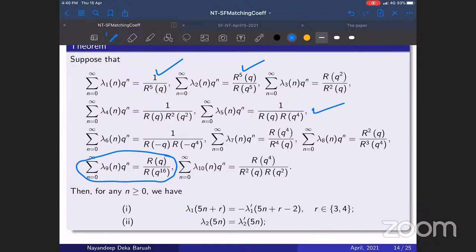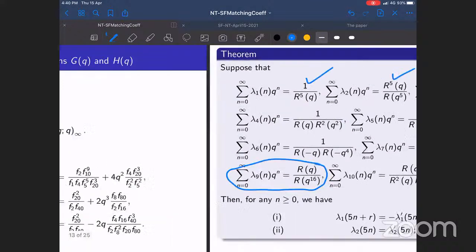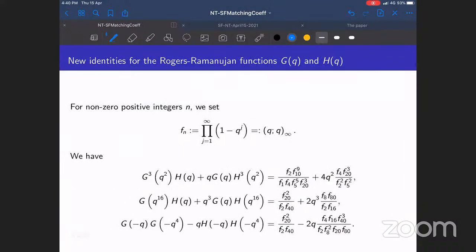We notice that to prove Ramanujan's result, we need a relation between G(q^16), H(q^16) and plus q cube. So you notice this plus q cube. And Ramanujan actually recorded minus q cube. So he has a formula for minus q cube.